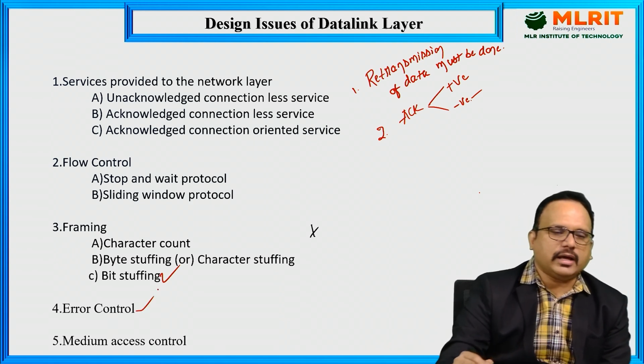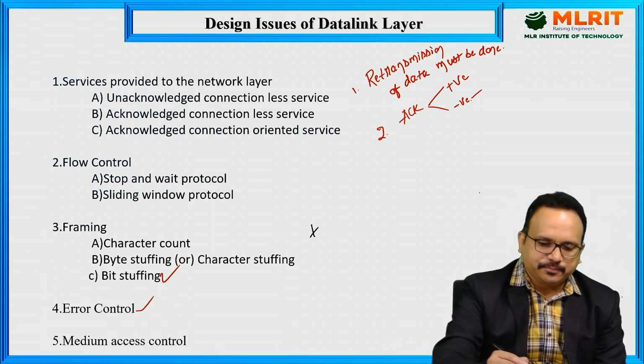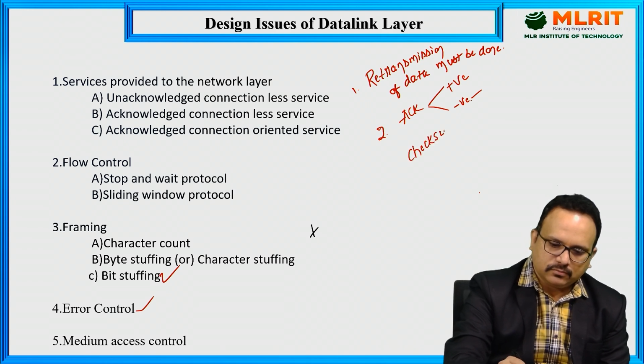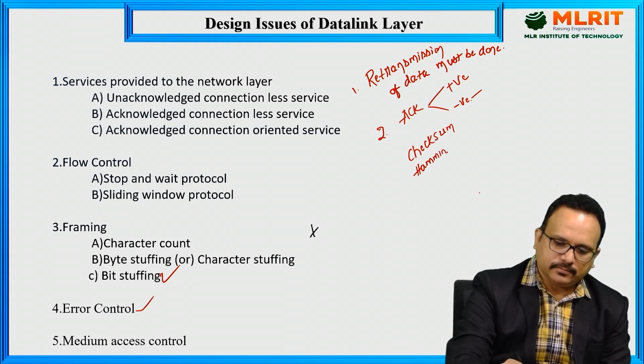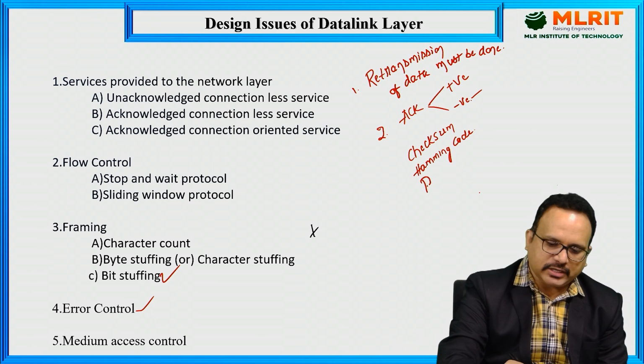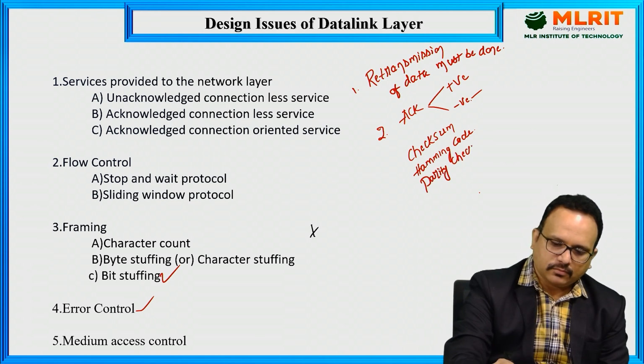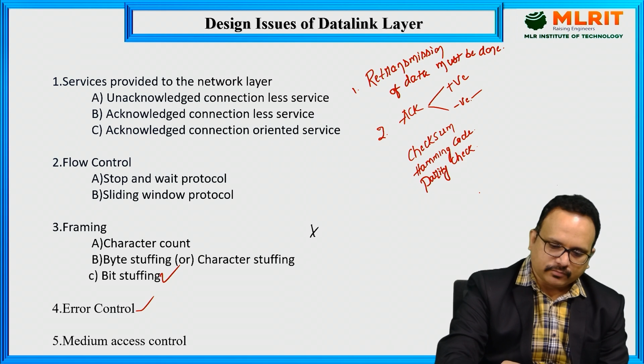We have different error control mechanisms like checksum, next Hamming code, and the parity check, and we have CRC, cyclic redundancy check.